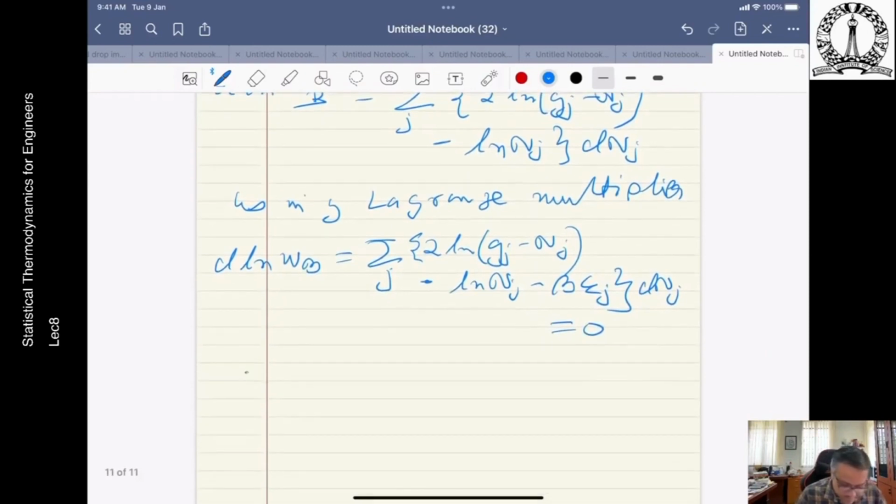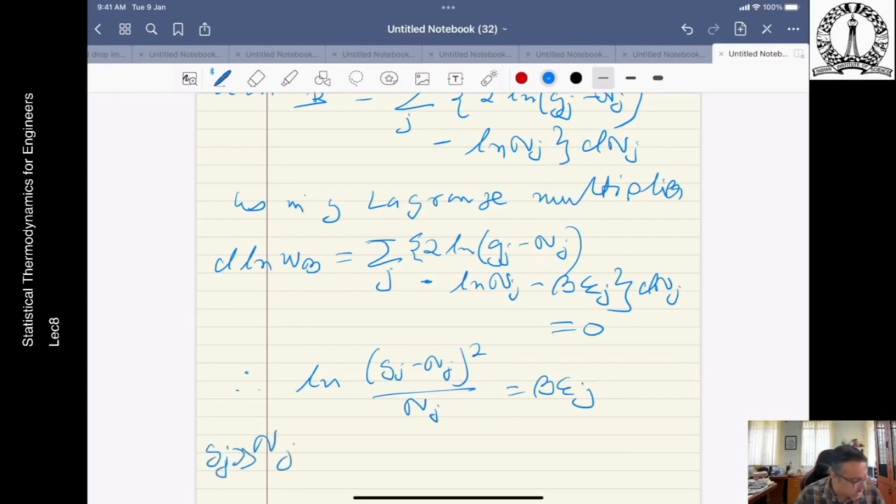So therefore, ln Gj minus Nj square by Nj is equal to beta Nj. Since Gj is much greater than Nj, therefore Nj becomes equal to Gj square, because this is a much smaller number, times exponential minus Ej by kT.